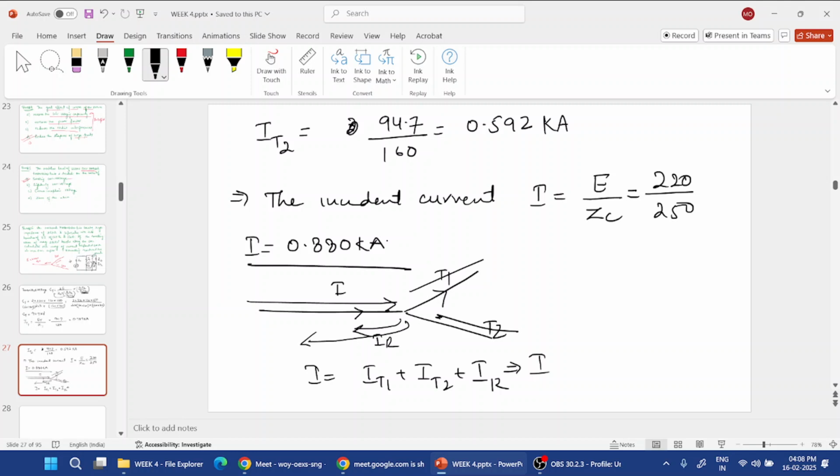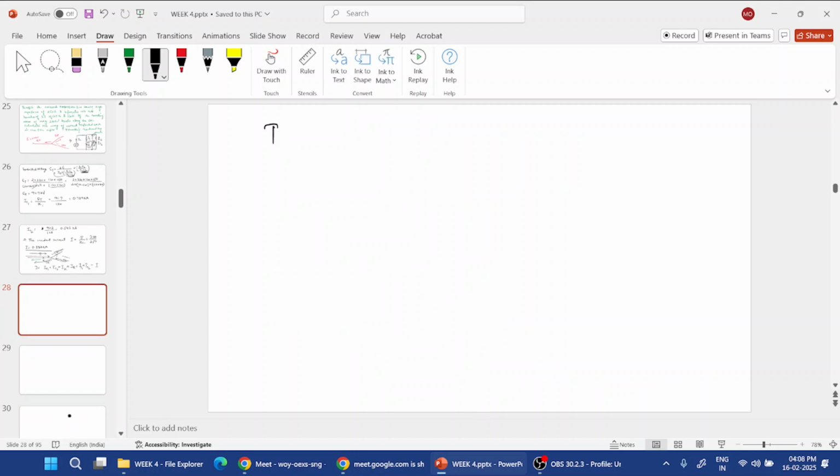So basically IR will be equal to I. Just a second, as per the rule convention it should be minus because it is in a different direction. So from here we can say IT1 plus IT2 minus I, because this is coming in this direction. If we are taking this as positive, then IR will be in the minus. So IR will be equal.